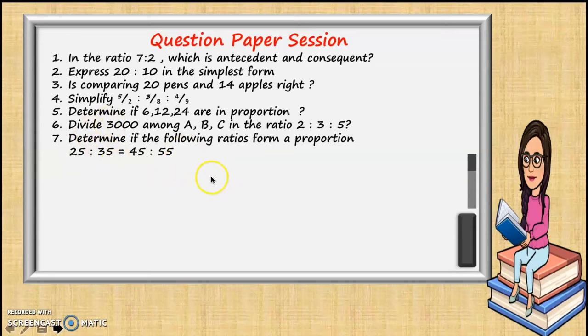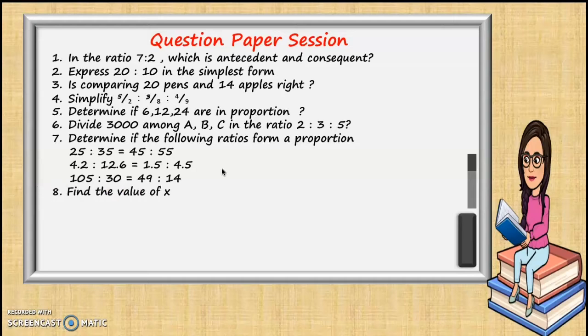Cancel each of the ratios and see if both the answers are equal. If your LHS, that is your left hand side, equals RHS, right hand side, that means the ratios are in proportion. If they are not in proportion, the statement is false. I've provided you with three equations, so use the same logic or the same formula for all the three and find out if they are in proportion or not.